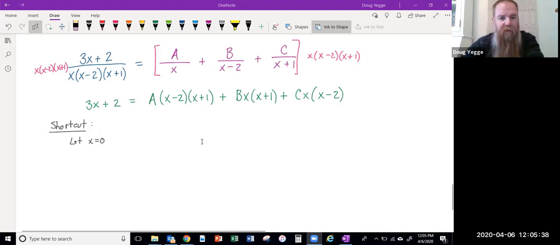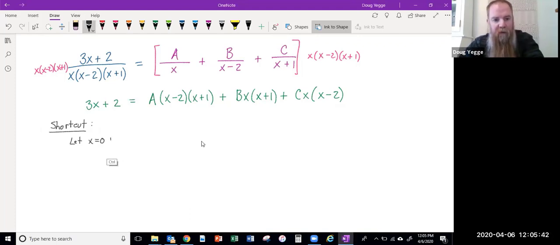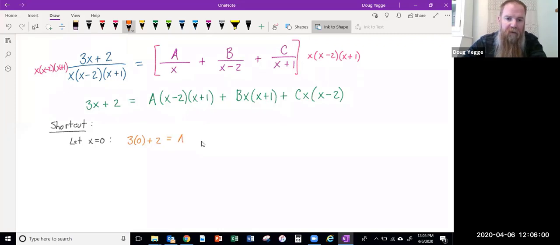So if we let x equal 0, then let's just look at what ends up happening here. I'm going to replace x in the entire equation with 0. If we do that, notice that this becomes 3 times 0 plus 2 is equal to a times, well, 0 minus 2 is negative 2.